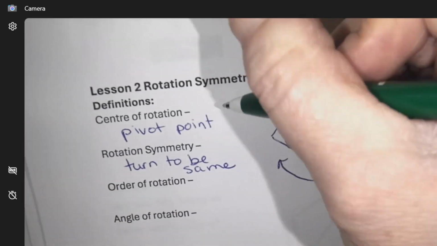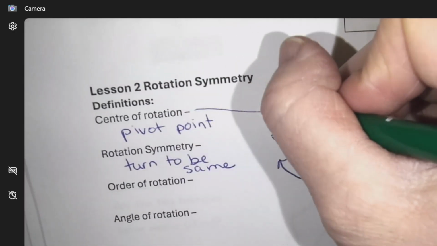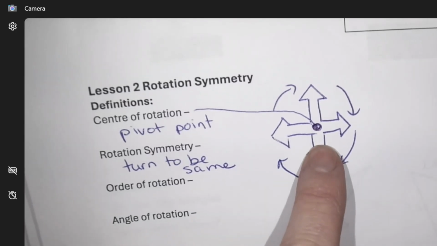So on this object, there's my center of rotation.